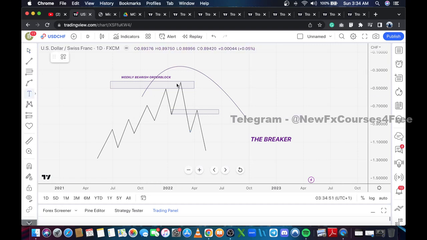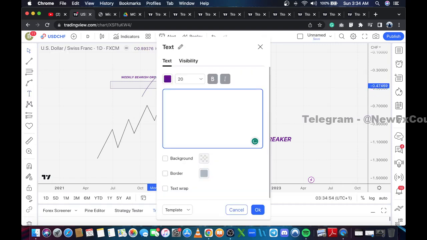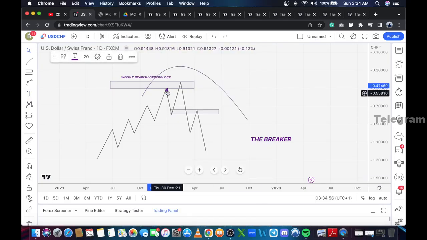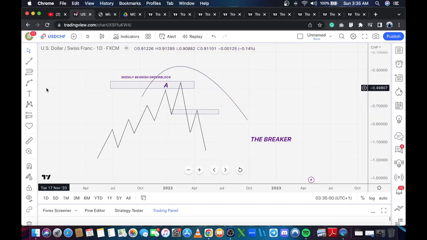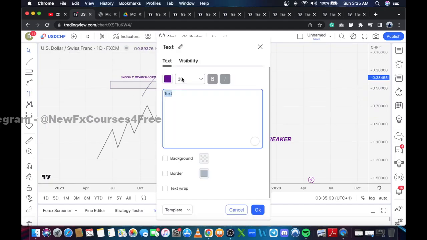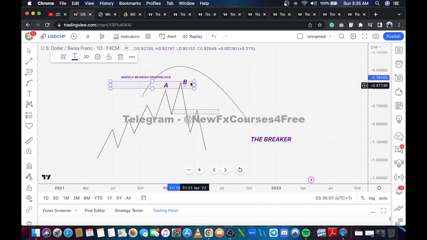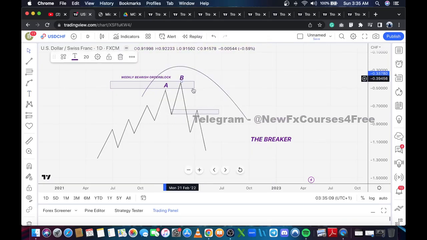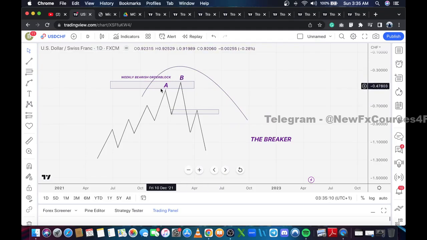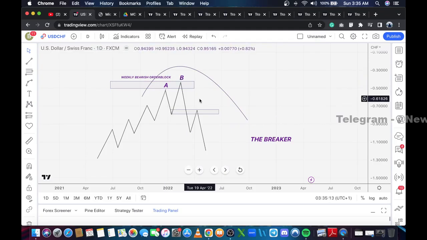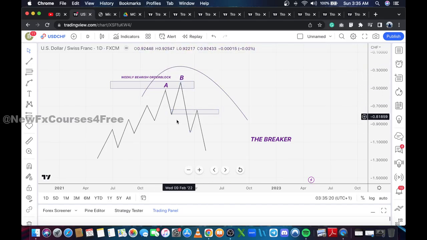I'm going to call this swing A, sorry, real quick, so you understand the difference between a failure swing and a breaker block, or a breaker swing, whatever you want to call it. For the breaker, swing B is higher than swing A. Swing B is a run on the stops on swing A.